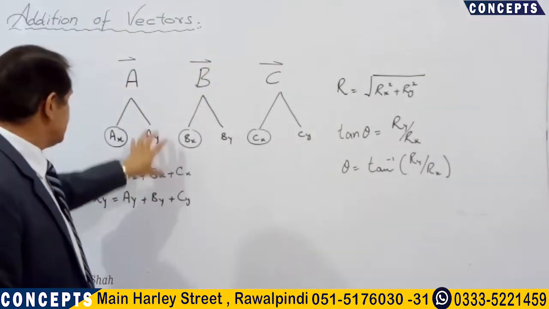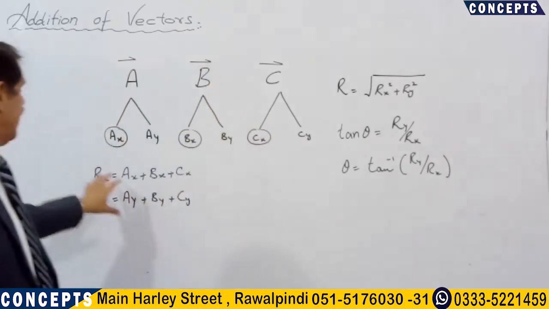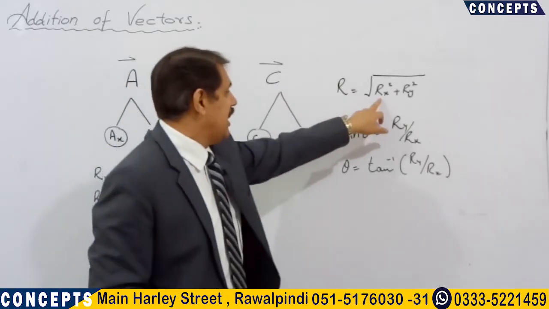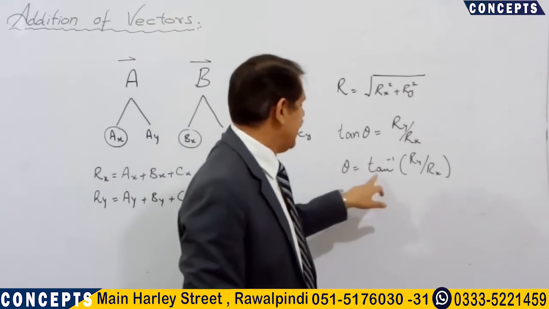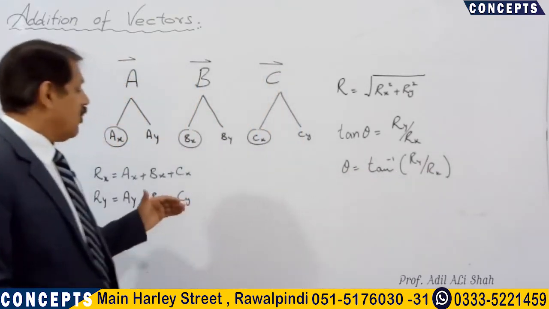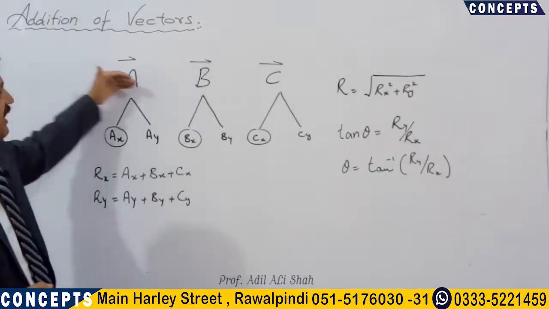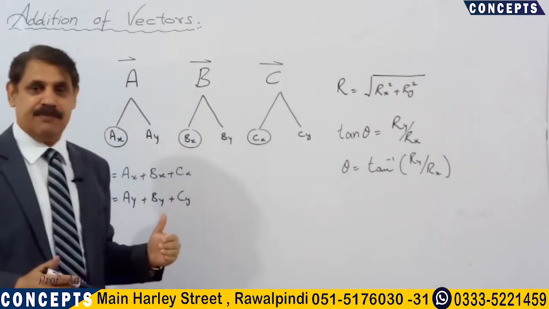This is the method which you will be using for calculating any resultant vector, with the magnitude of square root of Rx square plus Ry square and angle tan inverse Ry over Rx. These are the steps which you will follow to add the vectors by the rectangular components method.